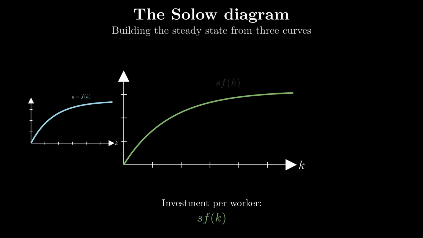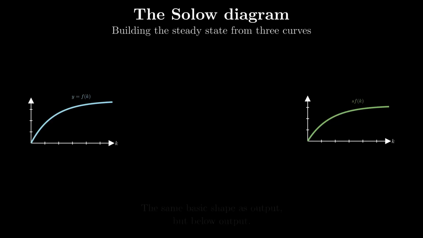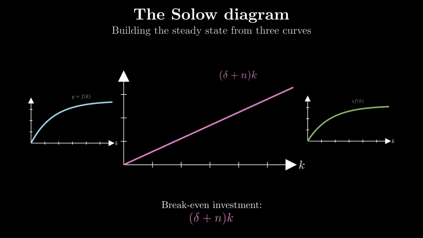Second, saving turns a constant fraction of output into investment. So, investment per worker is sf. This curve has the same basic shape as output, but it lies below output. Third, break-even investment is delta plus n times k.